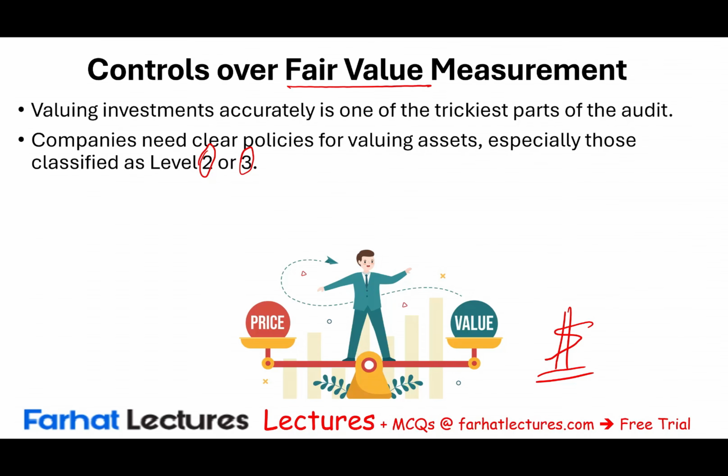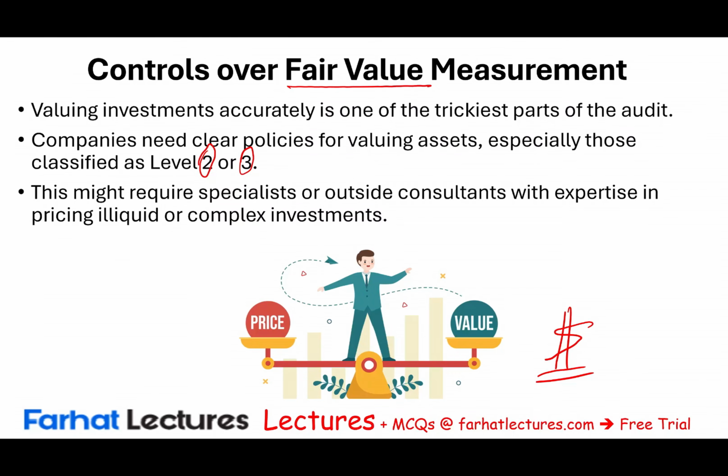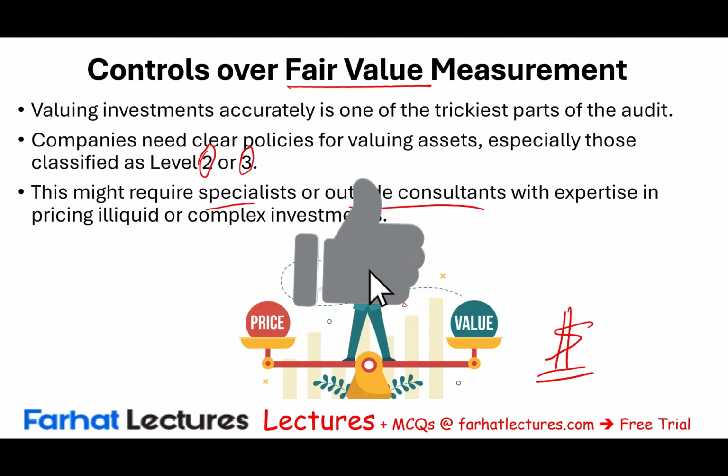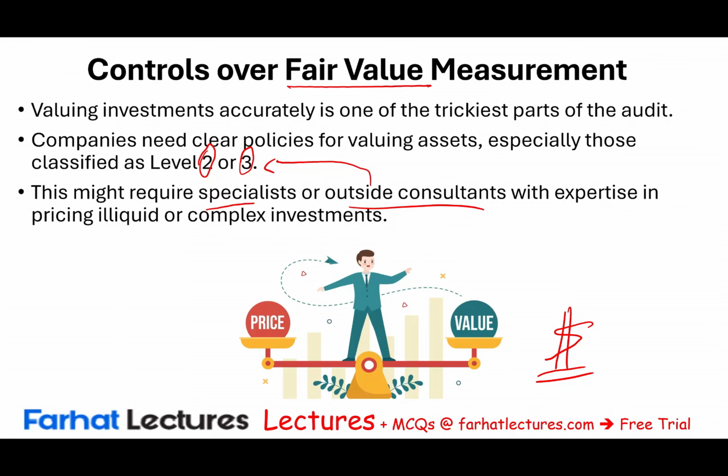Everyone knows the price of Apple, of Amazon, of Walmart, of PepsiCo, of Coca-Cola. But when it comes to level 2 and level 3, and it could be level 3 sometimes, you might need a specialist or an outside consultant, especially in level 3, with expertise in pricing illiquid or complex investments.